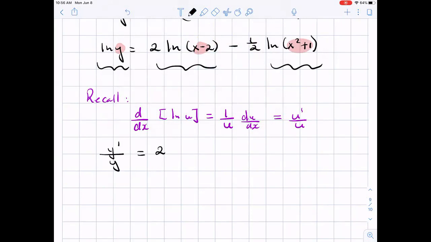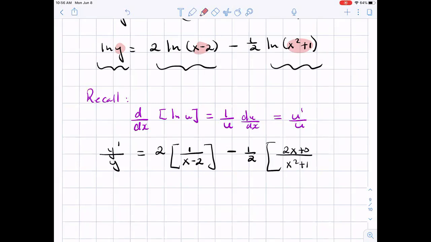So u prime here would be the 2. When you take the derivative of x minus 2, you get 1 over x minus 2, minus, keep the 1/2, and then the derivative of x squared plus 1 is 2x plus 0 over x squared plus 1.